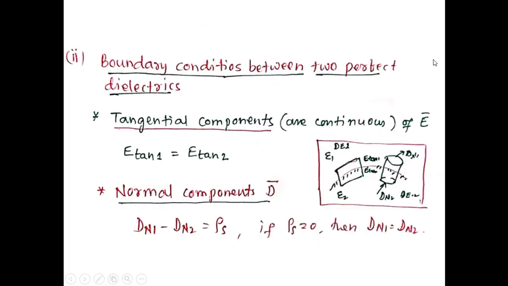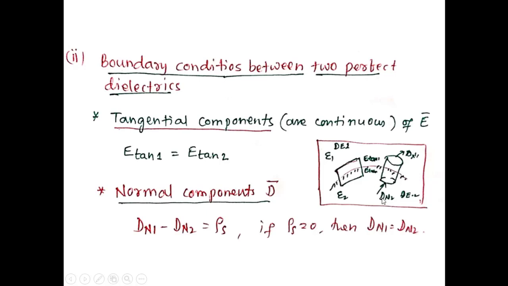Now the boundary condition between two perfect dielectrics. Here the tangential components between the two dielectrics are continuous. Therefore E tan 1 is equal to E tan 2. This is dielectric 1 and this is dielectric 2, with permittivity 1 and permittivity 2, and this is the boundary between them. This is a rectangular box, and this is a cylindrical box.